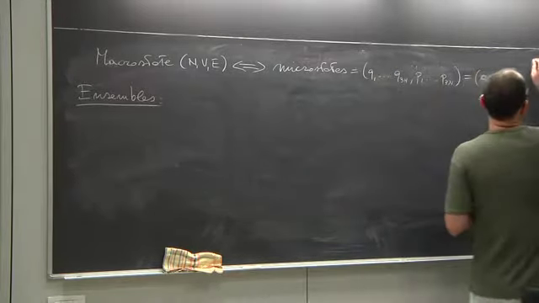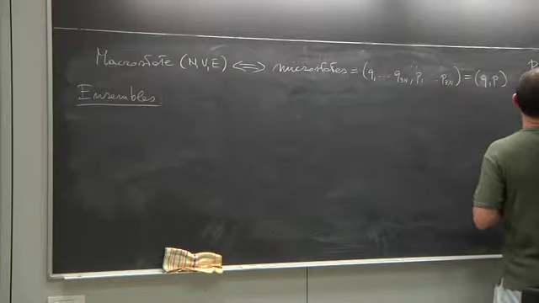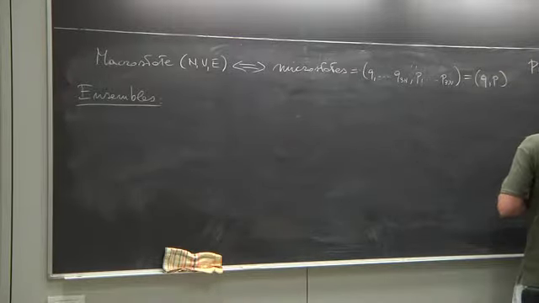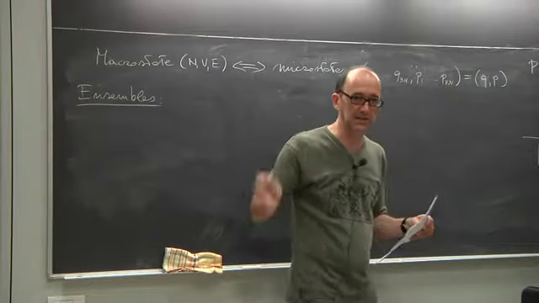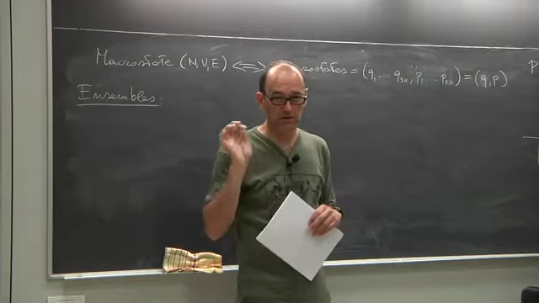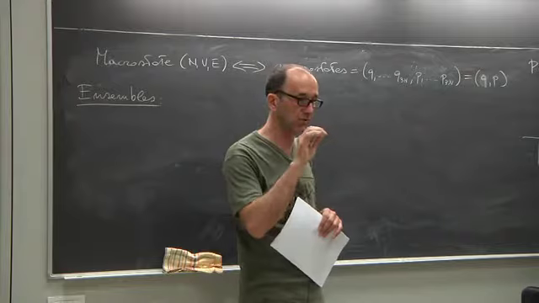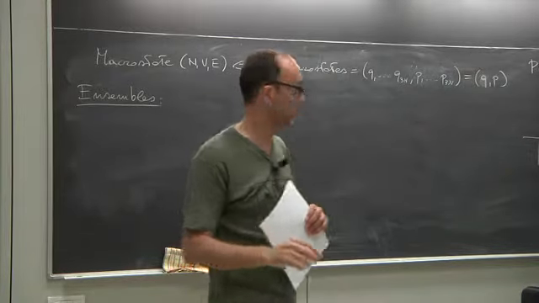And this space is called the phase space. It is the space of all coordinates and momenta. So this is a 6N-dimensional space, and each point in this space is a complete microscopic specification of a classical system.